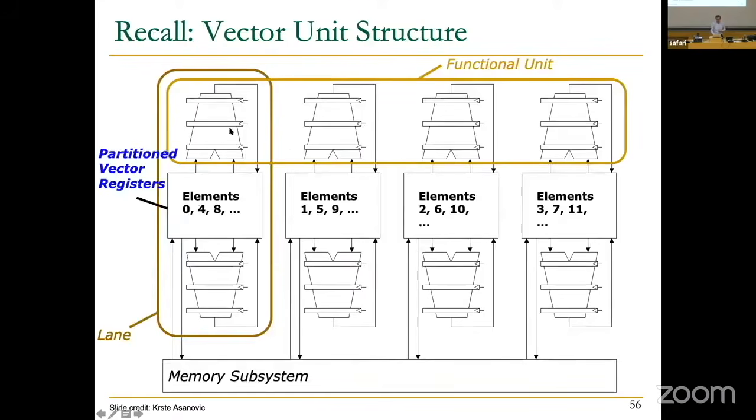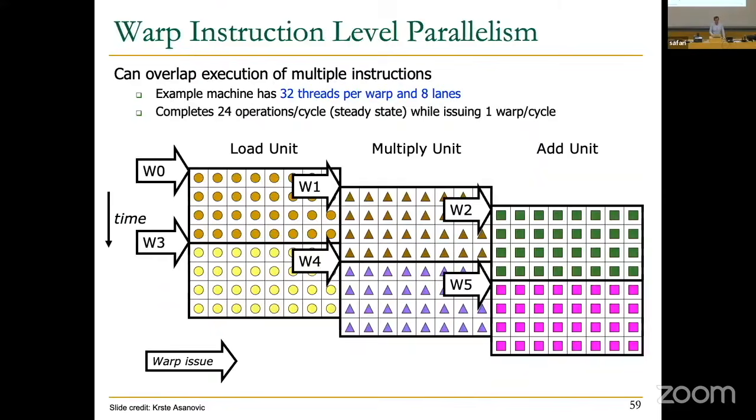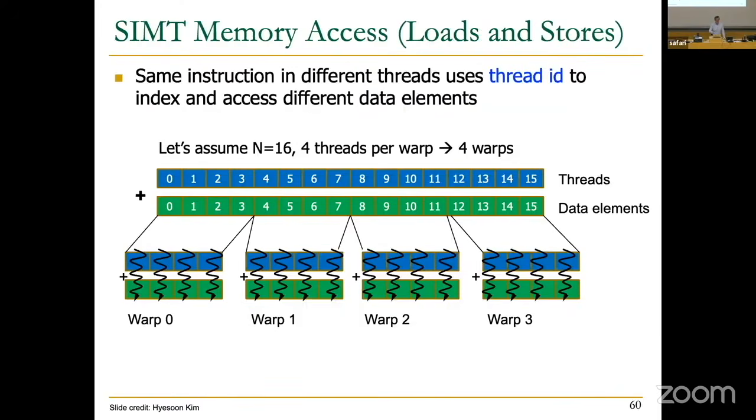So if you look at thread 0, it loads elements from iteration 0 over here. If you look at thread 1, it loads elements over here. So basically, where you're loading depends on which thread you are, if you will. So let's take a look at this. Same instruction, different threads, uses the thread ID to index and access different data elements. That's the key.